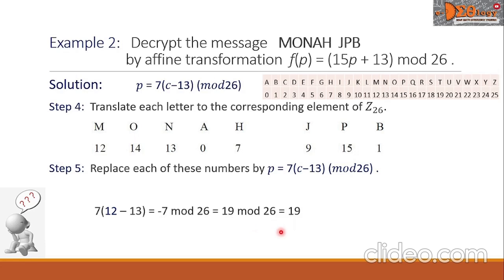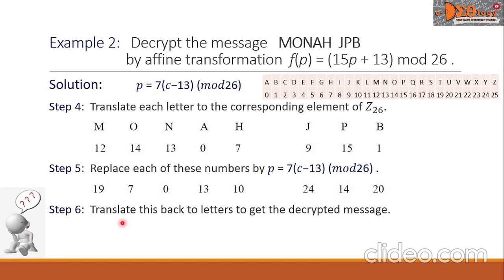And the answer here is 19. Meaning, for number 12, the equivalent number is 19. So we write it here. We're going to use this pattern for the other numbers. So 14 becomes 7, 13 becomes 0, 0 becomes 13, 7 becomes 10, 9 becomes 24, 15 becomes 14, 1 becomes 20.